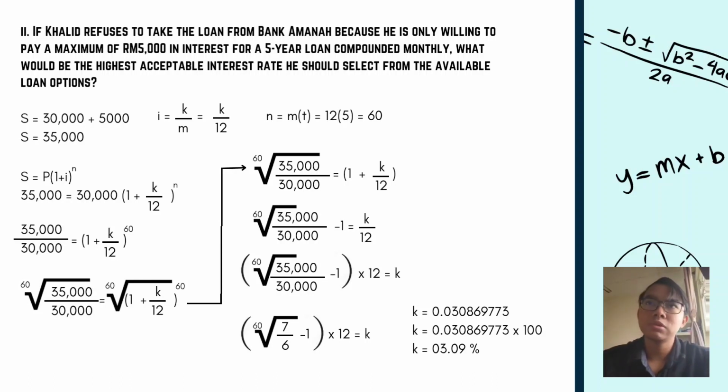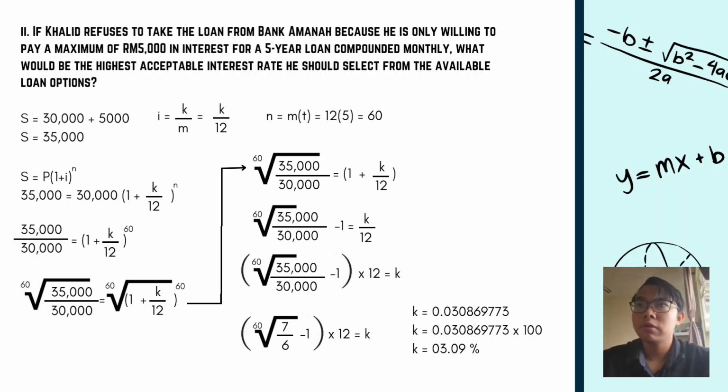Next, it will become the 60th root of 35,000 divided by 30,000 equals bracket 1 plus K divided by 12. Next, we must bring 1 to the left side and it becomes the 60th root of 35,000 divided by 30,000 minus 1 equals K divided by 12.